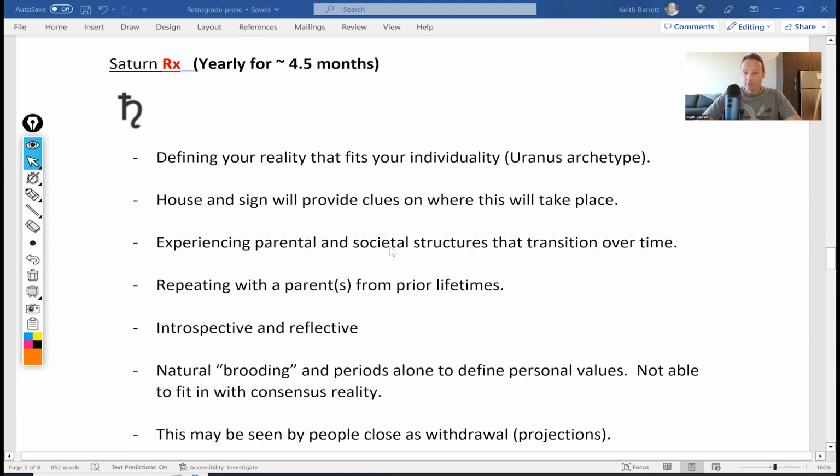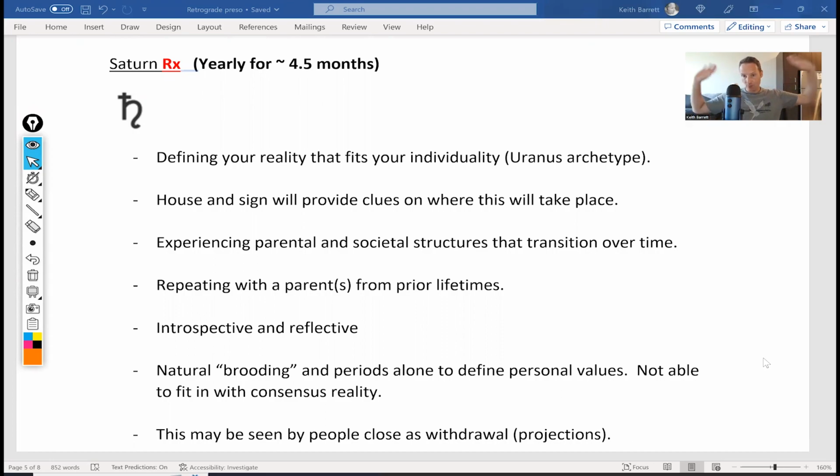And then we move to Saturn retrograde. If you think of Saturn, stepping back, what is Saturn? Saturn is representative of the father or just the person in your environment that held the structure when you were younger, or the container that was held for you.